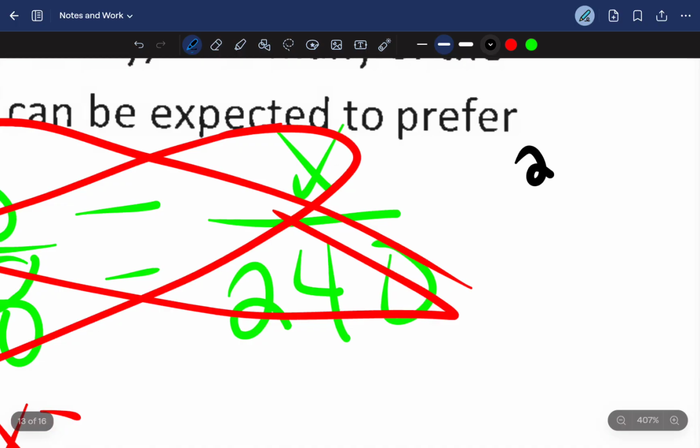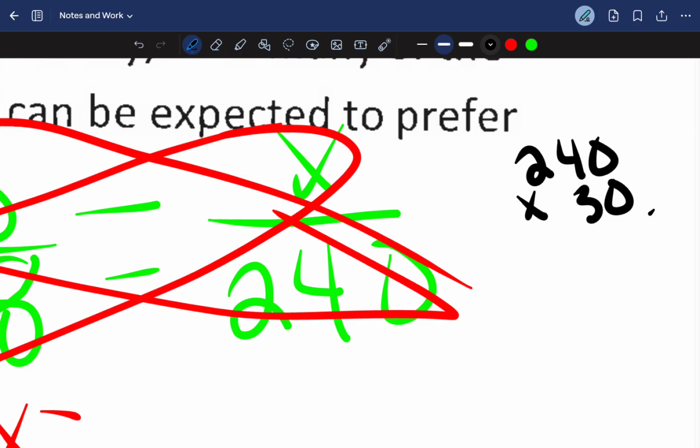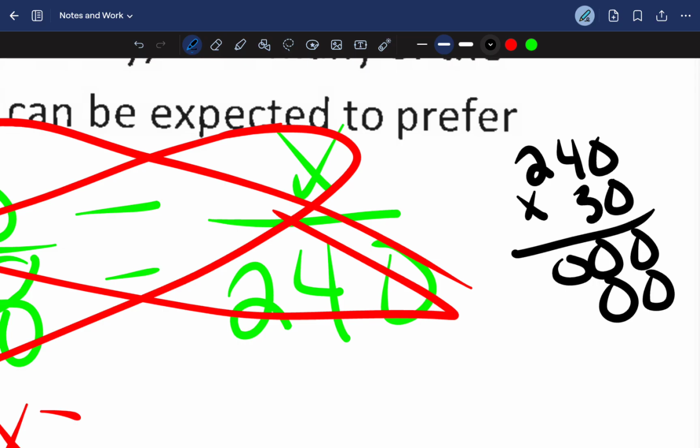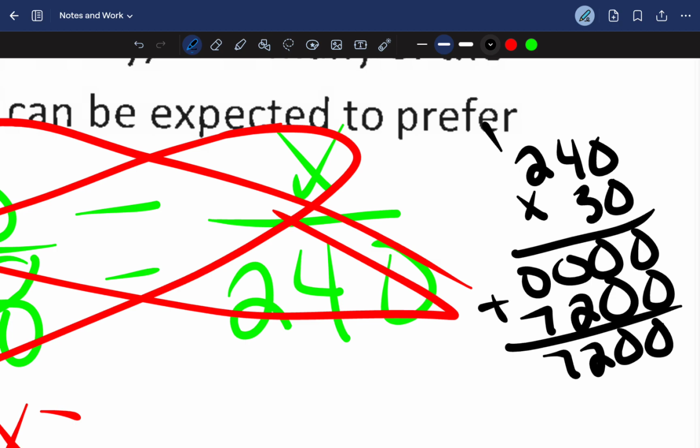So I have 240 times 30. Add my zeros, lots of zeros, 12, so 2, carry the 1, and then we have 6, 7, so we get 7,200.